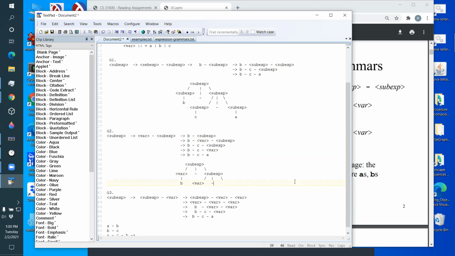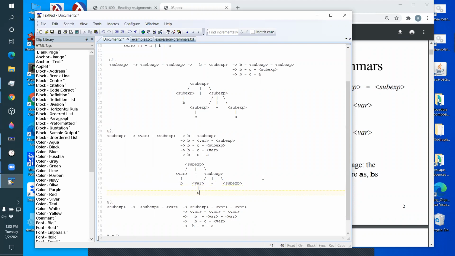This is the minus sign, and then this one's another sub-expression. Okay. In this case, this gave us this, which became the C. Okay. Then this one expanded to just there.